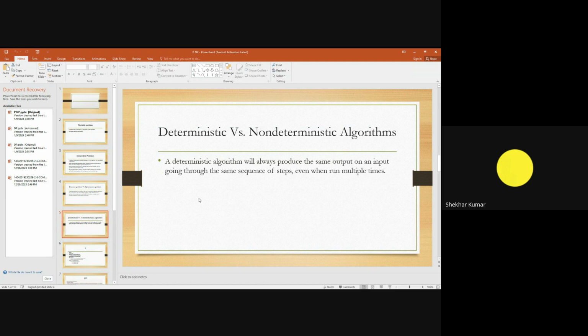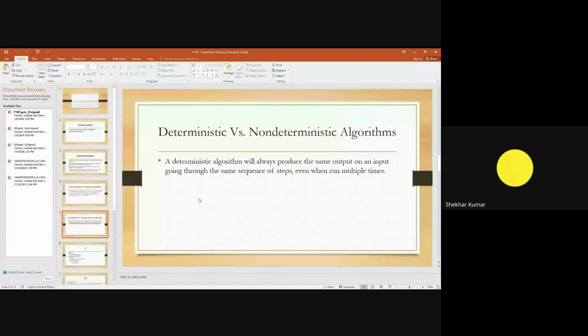Thus, the result could be random. So the non-deterministic algorithm has multiple outcomes, and it takes multiple executions. It is very difficult to determine the next state of the machine in non-deterministic algorithms.